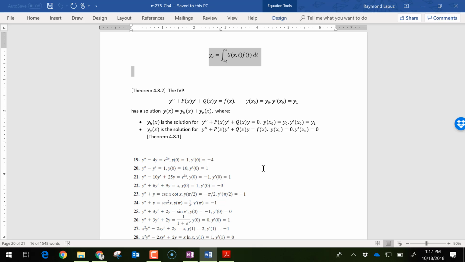Let's try number 19 first. Well, I don't know why this starts at 19.